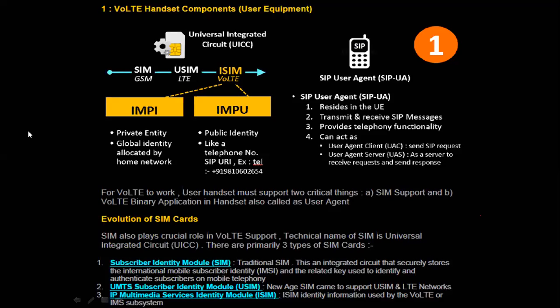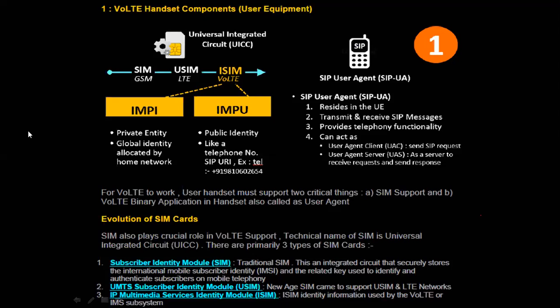This is an integrated circuit that securely stores the international mobile subscriber identity and related key used to identify and authenticate the subscriber in mobile telephony. Generally in a SIM card, the information present is your IMSI, your authentication key, and the supported PLMN list, and sometimes it also stores your supported bands in that PLMN. So this is your normal SIM, which we use in GSM.